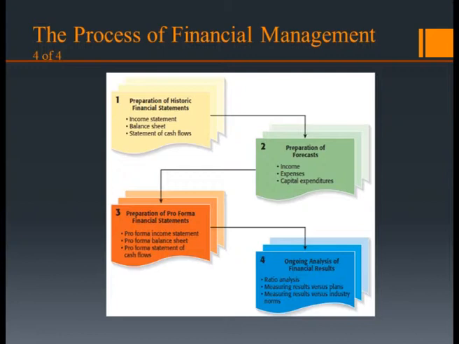Third column, preparation of pro forma financial statement includes pro forma income statement, pro forma balance sheet, and pro forma statement of cash flow. Finally, the fourth column, ongoing analysis of financial result, includes ratio analysis, measuring result versus plans, and measuring result versus industry norms.